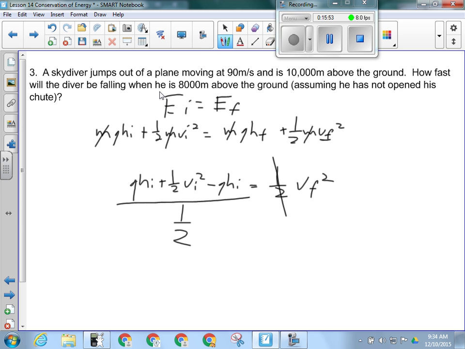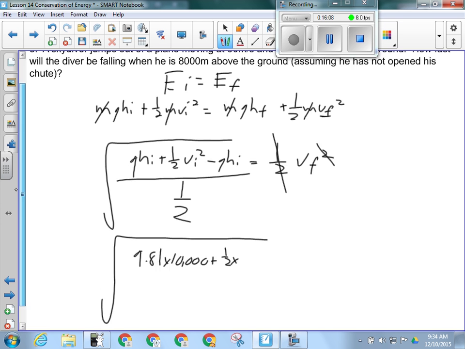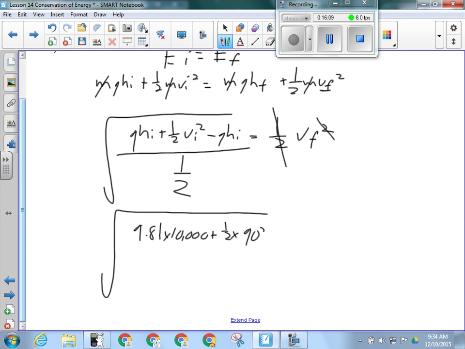And then square root. So if I plug in my numbers, 9.81 times 10,000 plus 1/2 times 90 squared, minus 9.81 times 8,000, over 1/2.